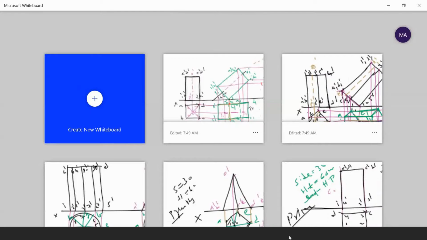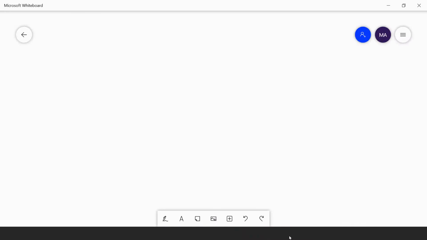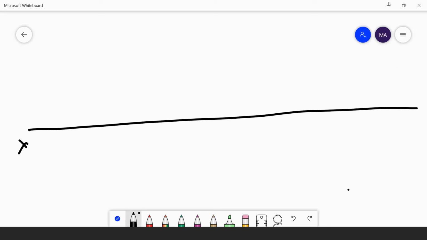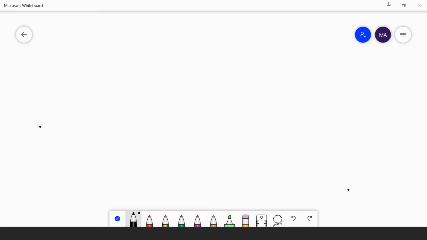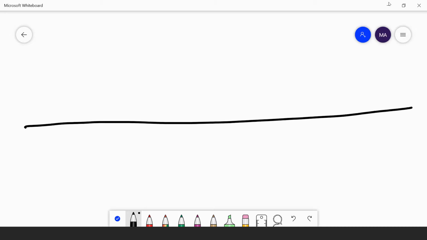Now, is it clear? Once again, I will draw fast. Just listen carefully. I am taking the reference line XY. If you want, you can change the notation. Draw here XY.